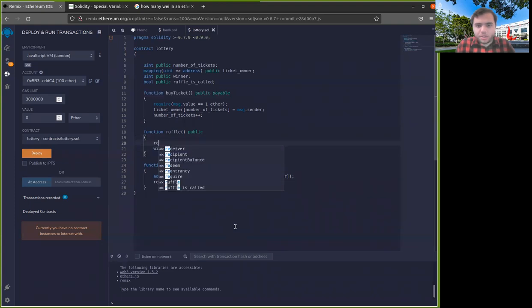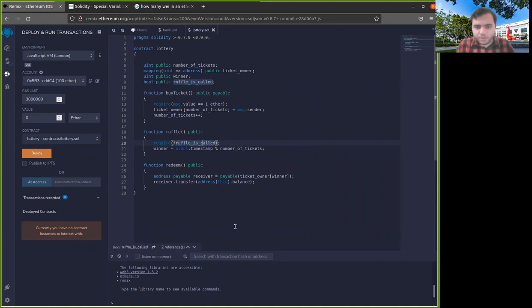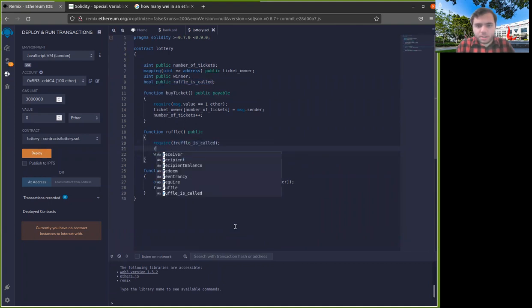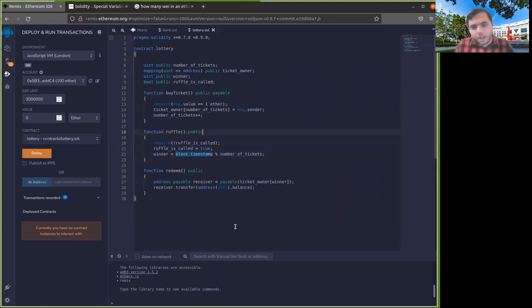And here I would require that it's not called, so require that the raffle is not called before, and then set it to true. Okay, this is nice because now I'm sure that at least my raffle function will be called exactly once.